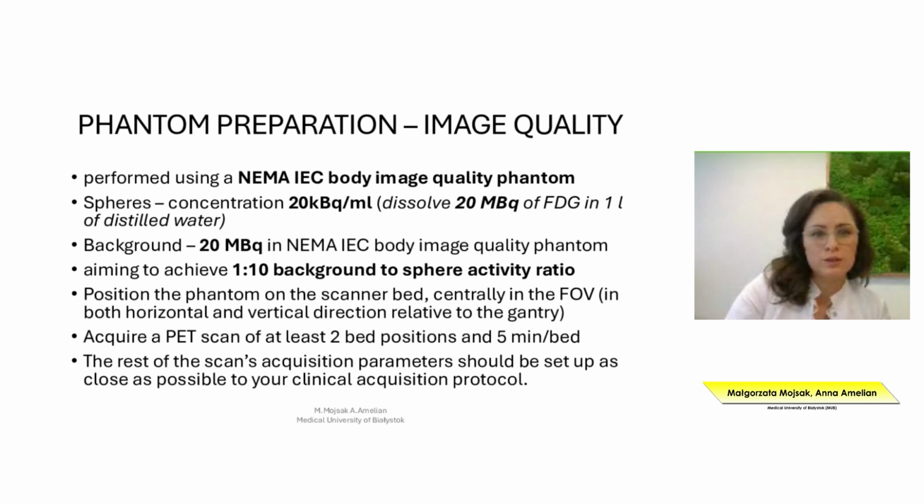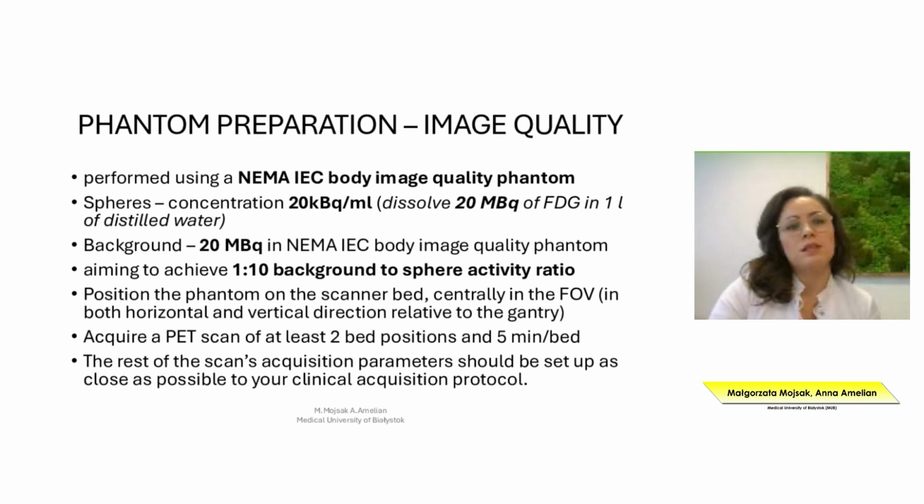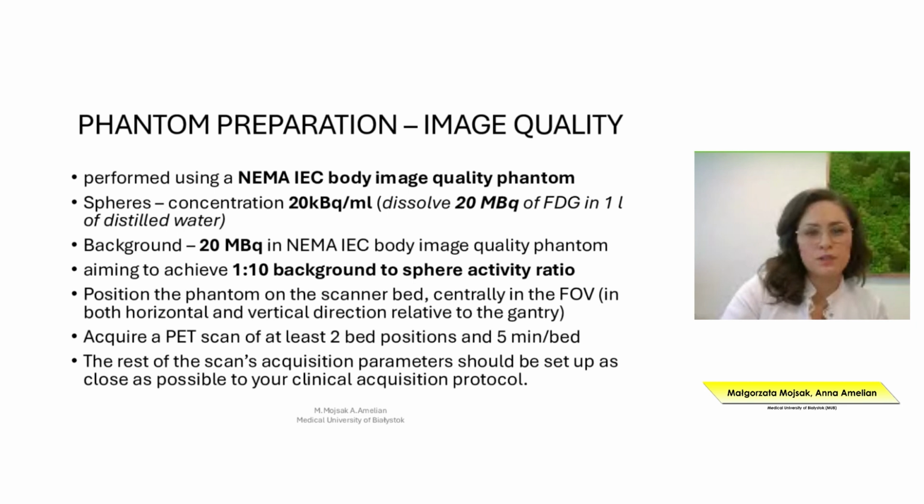As regards the NEMA body image quality phantom, we use a concentration of 20 kilobecquerels of FDG per milliliter in 1 liter of distilled water, and we need to put it in all our spheres in order to achieve a 1:10 background to sphere activity ratio.